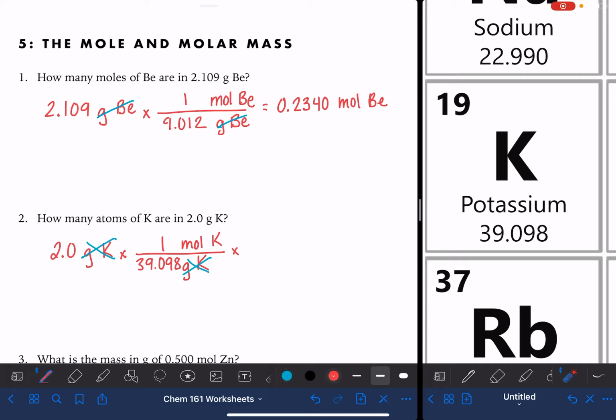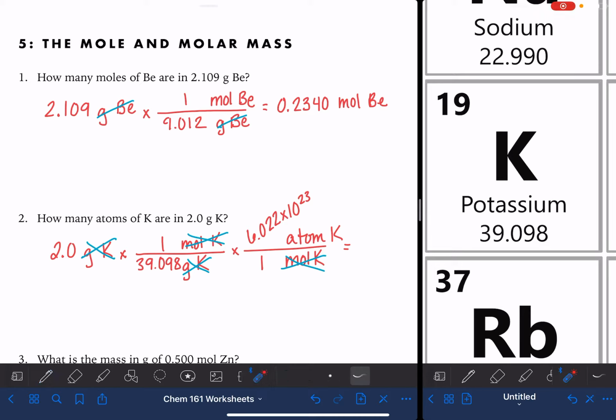Now, to get from moles of potassium to atoms, we want to set up another conversion factor that's going to let us cancel out that mole of potassium and convert into our desired unit, atoms of potassium. This conversion factor is done using Avogadro's number. 1 mole of anything is 6.022 times 10 to the 23rd of that thing. So in this case, 1 mole of potassium is 6.022 times 10 to the 23rd atoms.